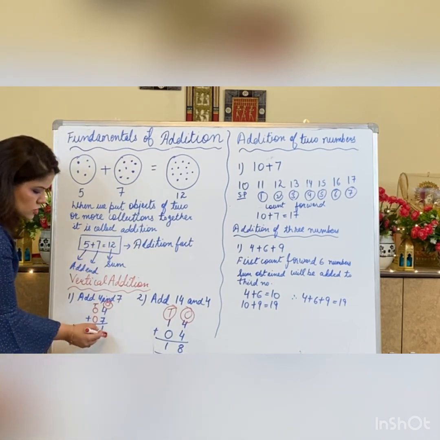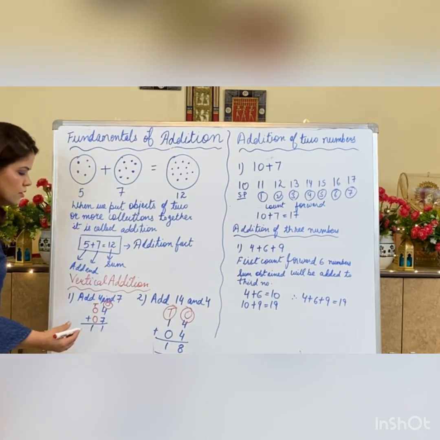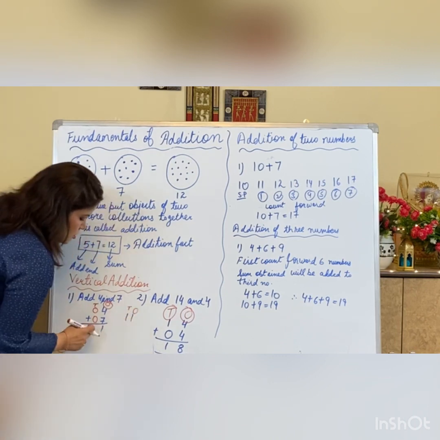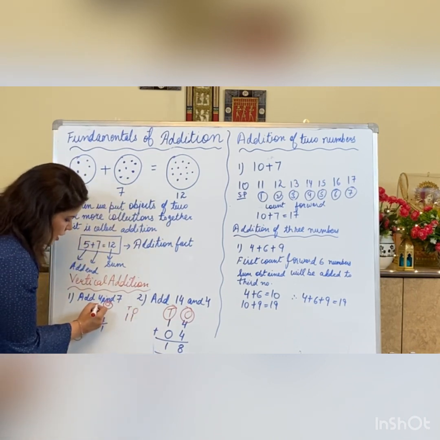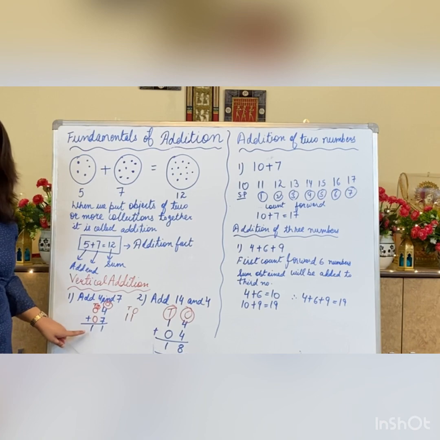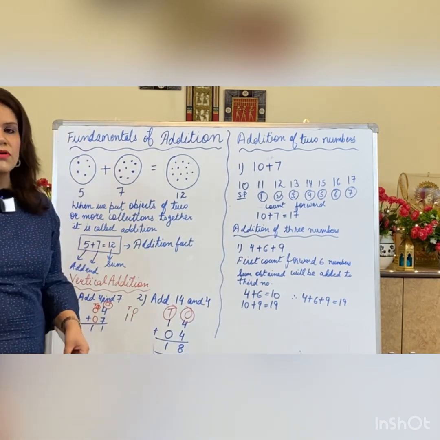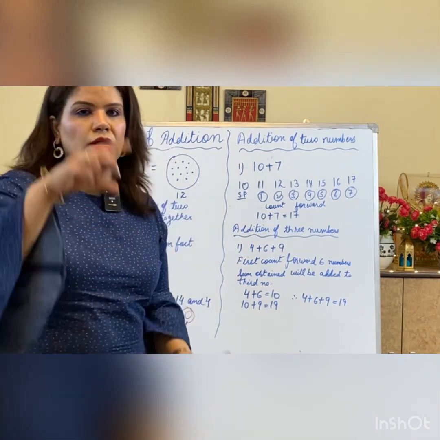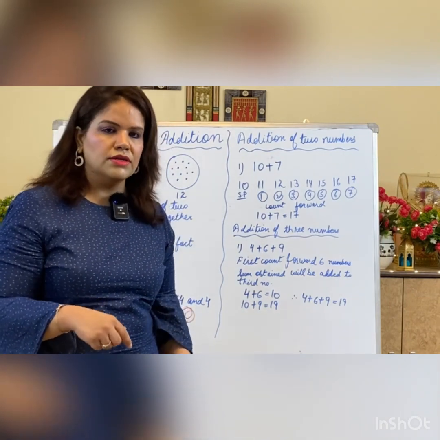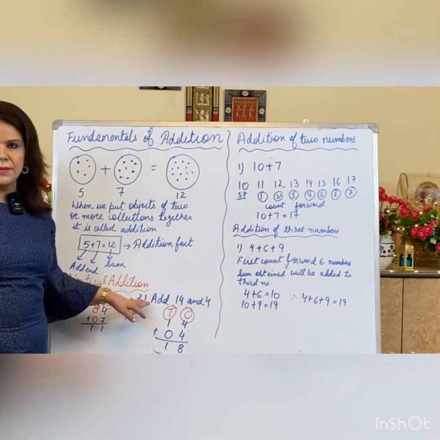Now since it is 11, and 11 has a ones place and tens place, this 1 will carry forward to the tens place and we will write it in the answer below the tens place, not below the ones place. Ones place numbers will go below the ones place, tens place numbers will go below the tens place. We will follow the column method here.